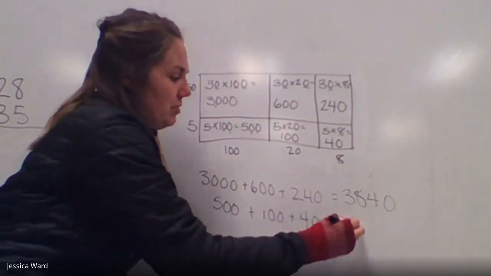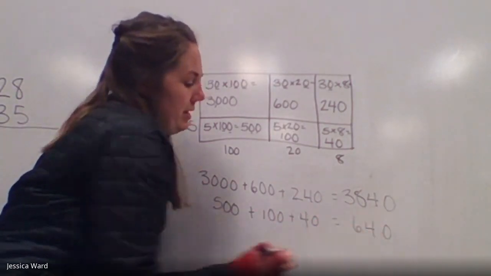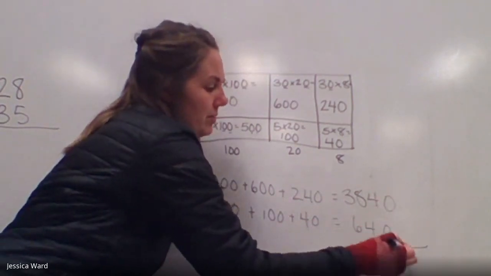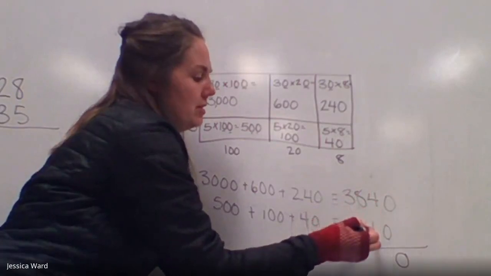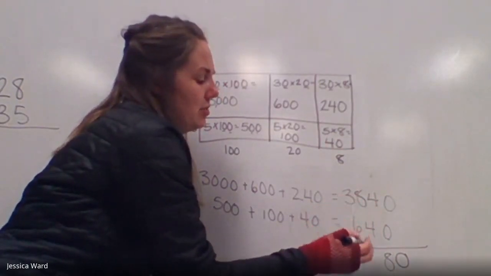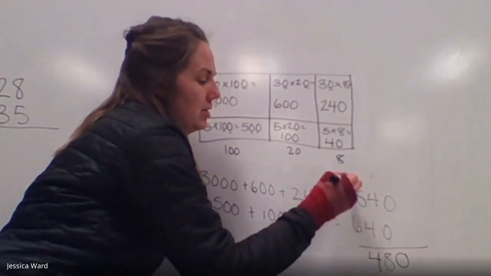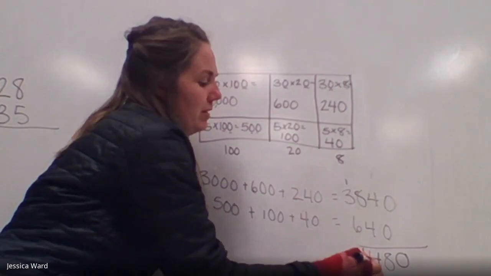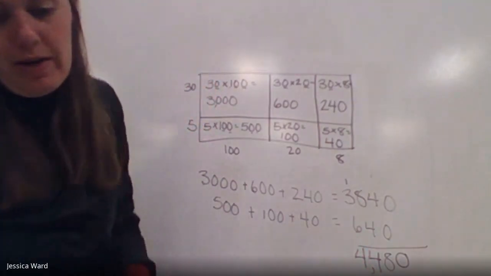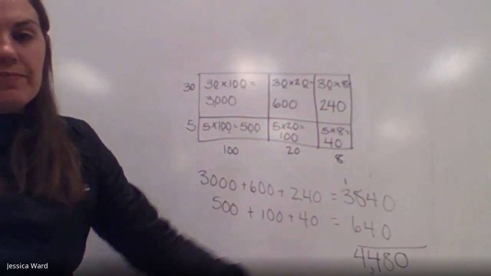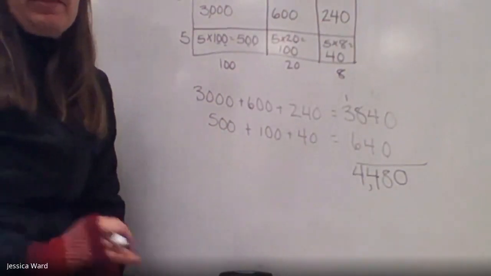I would have 640. Then I could add them up together. I would have 0 ones, 4 tens and 4 tens, 8 tens, 800, 600, 1,400, 3,000, 1,000, 4,000. So my product would be 4,480. There we go.